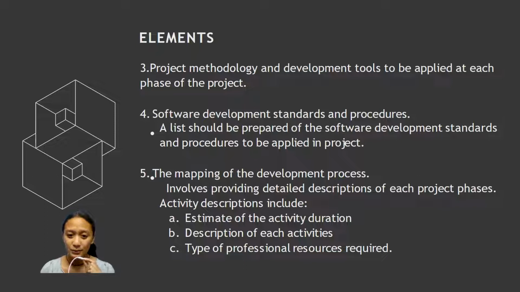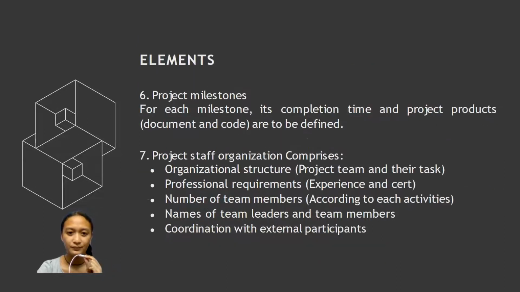Second is the description of each activity. And lastly is the type of professional resources required. For the sixth element, it includes the project milestones. So for each milestone, its completion time and project products, with the documents and the code, need to be defined.